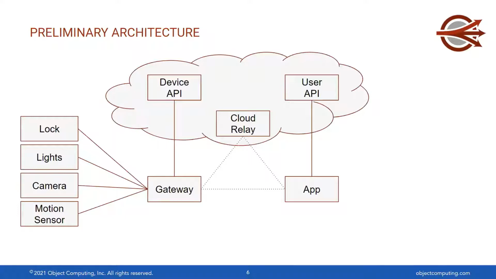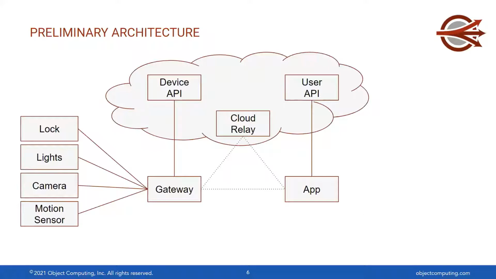But again, in our conceptual architecture here, the gateway is a thing that can communicate with the cloud, with the application, right? It has an IP address of some kind. And so this is our overall sketch, right? We know we're going to have some kind of APIs for interacting with the device, for interacting with the user, and we'll see how we want to actually use these things in the actual solution.